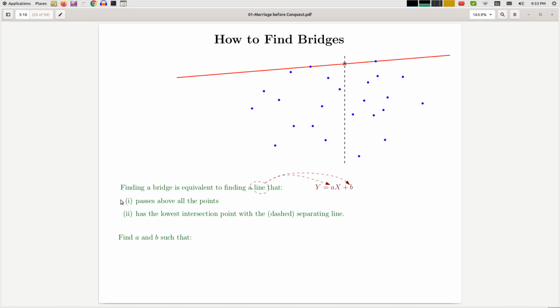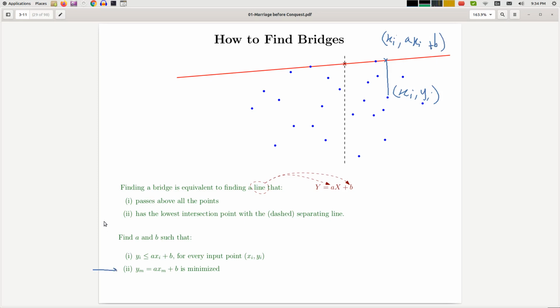Mathematically speaking, this condition 1 is equivalent to this condition: if I plug in the values x and y of the input points, then y_i should be less than or equal to a x_i plus b. In other words, the y coordinate of a point (x_i, y_i) should be below this y coordinate, which is a x_i plus b. So that condition is easy.